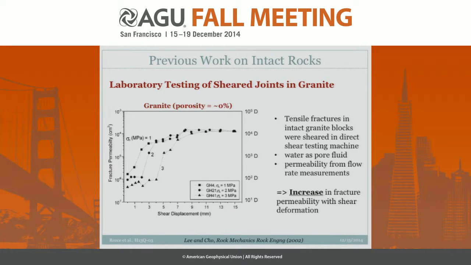They used water as a pore fluid and measured permeability from flow rate measurements. And on the left, you can see the results. They plotted the fracture permeability as a function of the shear displacement for 3 different normal stresses. So you can observe that the fault permeability increases for all 3 different cases, with the permeability being the largest under the lowest normal stress, as expected.